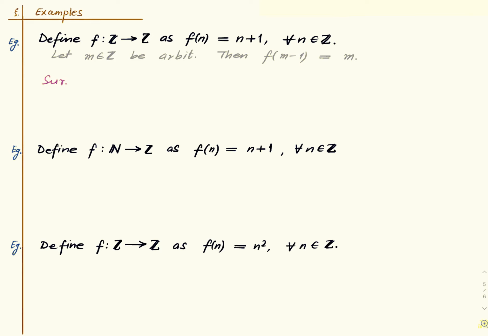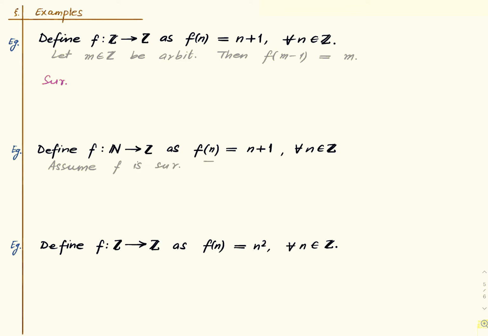Okay, the other one. So this time you are going from the naturals to the integers, and this map is just add 1 to the input. Is it surjective? It is not, because, to be completely formal, assume f is surjective.